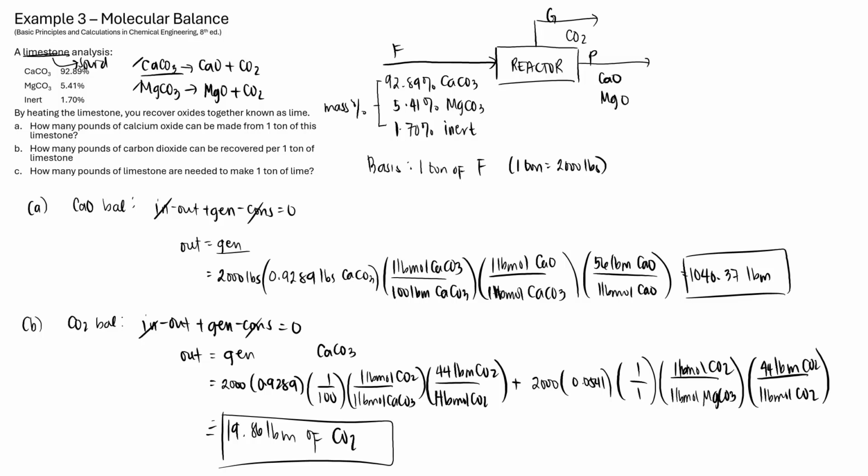Okay, let us see how many pounds of limestone are needed to make 1 ton of lime. As I pointed out earlier, lime is the combination of calcium oxide and MgO. So it can be done with the basis as 1 ton, and then just split it between them.